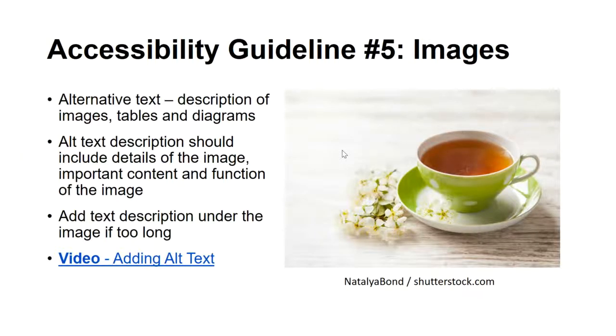Okay, accessibility guideline number 5, images. Images need to have something called alternative text on them. Alternative text is text that, when a screen reader user, someone who is blind, has a screen reader read out the content on this PowerPoint slide, will be read to that user.